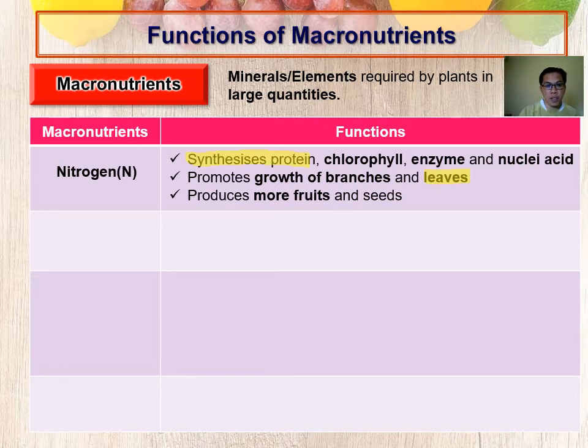Now guys, take a look here. Synthesis of protein means nitrogen is required for the plant to produce or to make its own protein. Synthesis means produce, untuk menghasilkan.